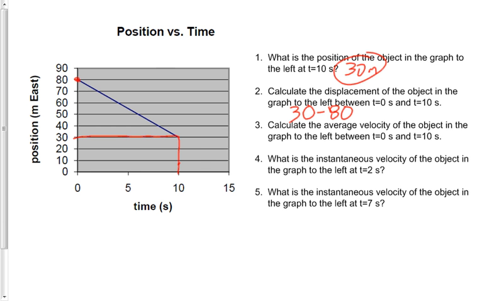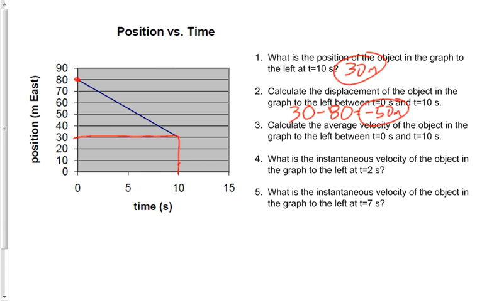Why isn't it 80 minus 30? It has nothing to do with which one's bigger, which one's smaller. We're taking the final and subtracting the initial. Whatever it is, bigger or smaller or otherwise. Final minus initial. Negative 50 meters is our answer. So what's our displacement? 50 meters to the south. Should it be to the south? Yeah, it's going in the negative direction.